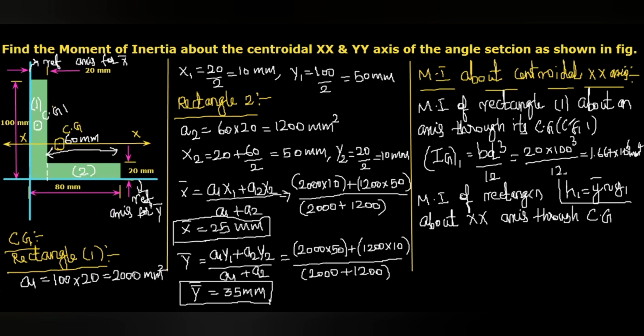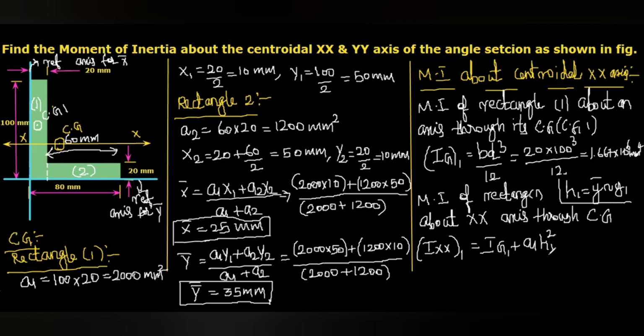Okay, this is through CG1, this is through CG. That equal to, that I'm going to take as IXX due to rectangle 1, that is IG1 plus A1 H1 square.